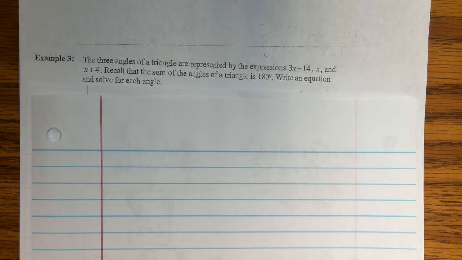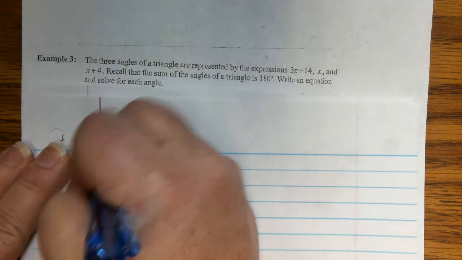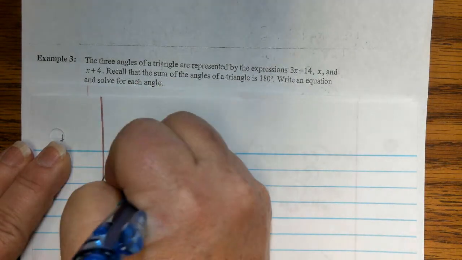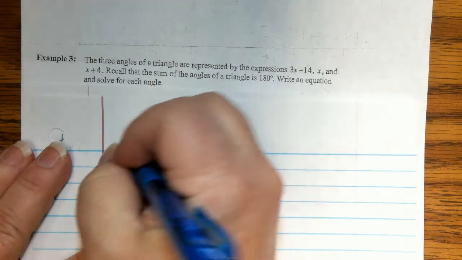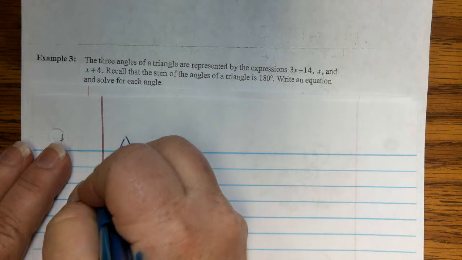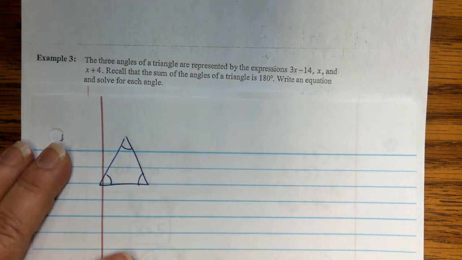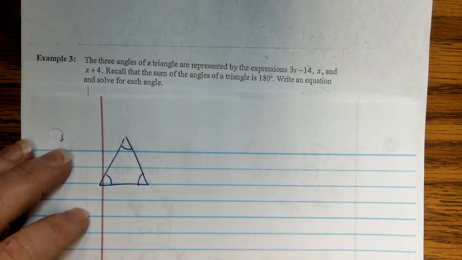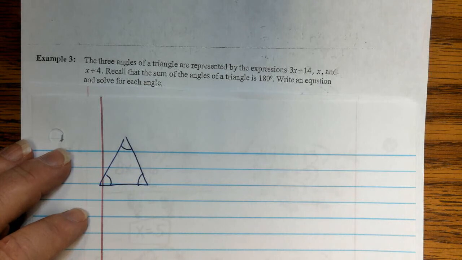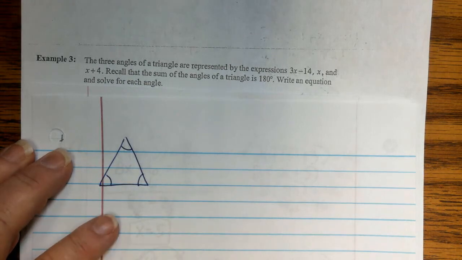Do not try and do it without drawing it. So they've given me a triangle, right? They're telling me the three angles. I got angle number 1, angle number 2, angle number 3. Obviously it isn't an equilateral triangle because otherwise two angles would be the same. Not that you know that, but that's what I drew, okay?